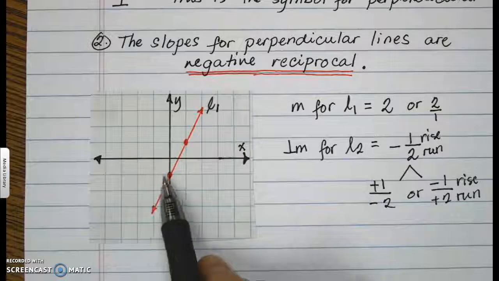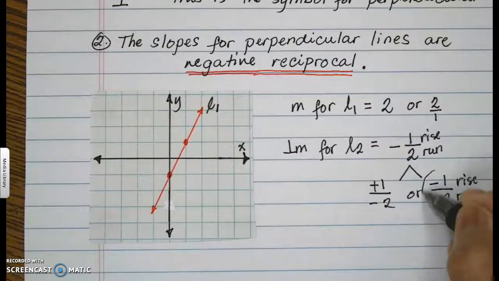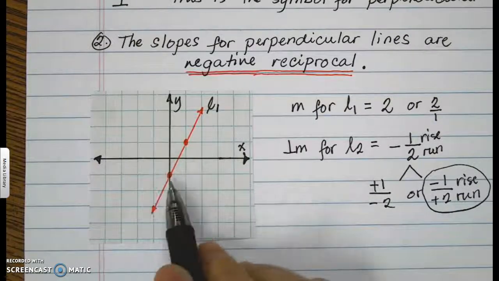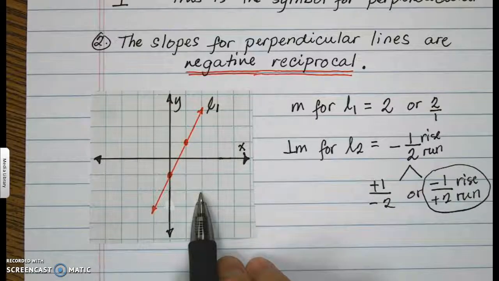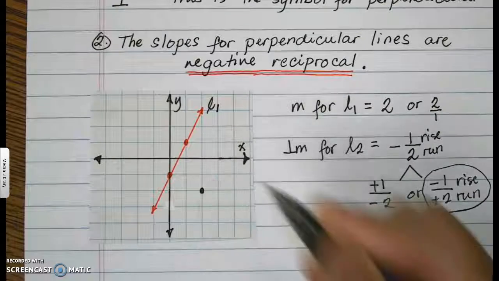If I keep the same y-intercept, and let's say I do this, by the way, both are going to give you the same answer. If I rise -1, that means go down 1 unit, and run +2, which means go to the right 2 units, I will end up having this point.